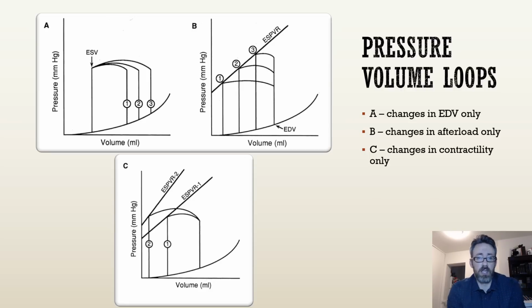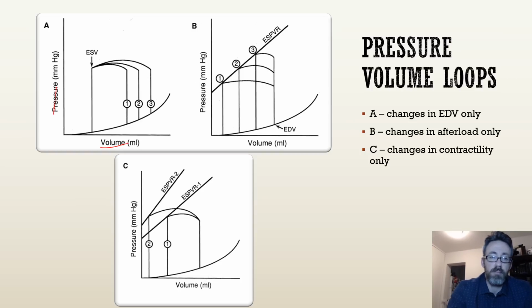So let's look at this in a little more depth now. These are pressure volume loops, but I want to take preload, afterload, and contractility and look at them one at a time and how each changes. Understand that there are going to be combinations of these things going on, but let's just look at one variable at a time. Here's pressure, here's volume.